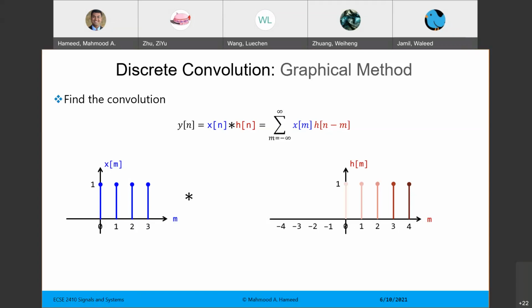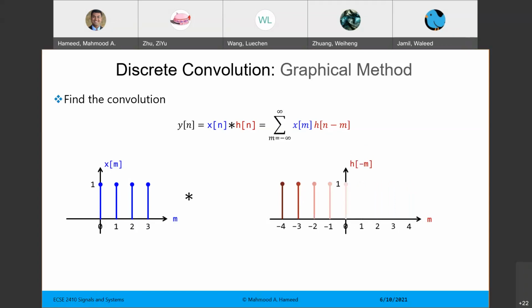There is a reason why I have put a color gradient on h. Because when I flip it, you guys should see which element is going where after the flip. What do you guys think? Well, when you flip it, the darker is going to go all the way to the outward, right? -4, right? That's your h of minus m.